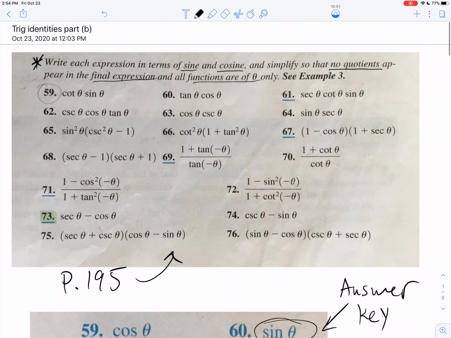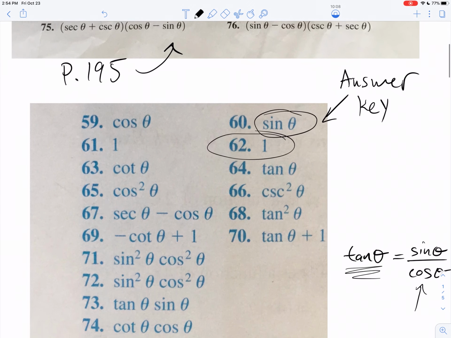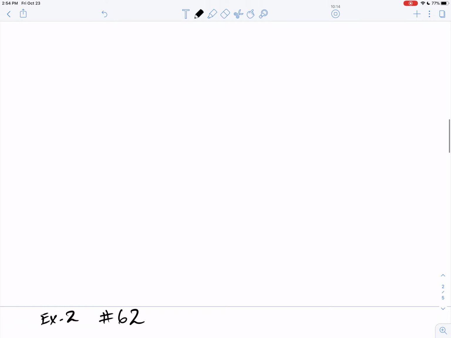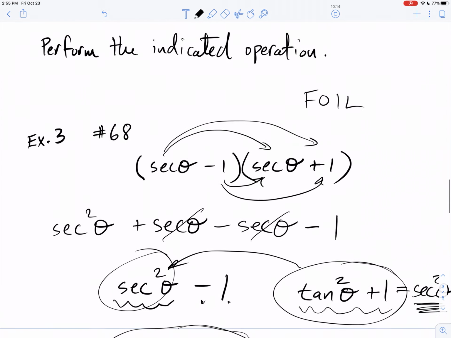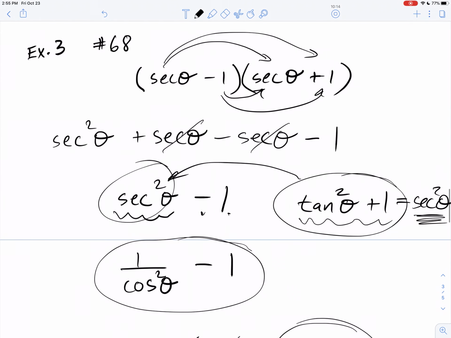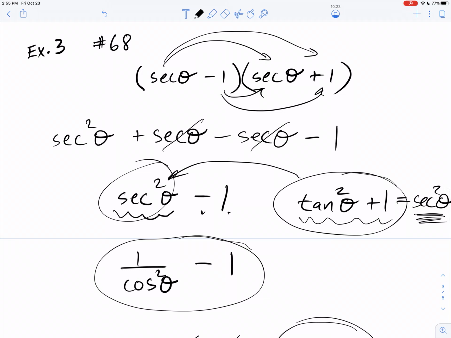Meaning you don't have a negative theta in it, okay? You don't have a fraction in it. Well, my answer was tangent squared theta, so I think I achieved the goal. And what is the answer? Tangent squared theta.